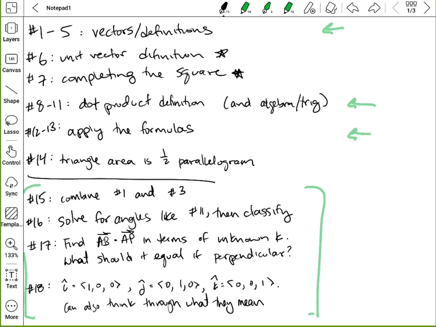And once you've gotten through those first 7, the 8 through 13 that come next should be pretty straightforward applying formulas. And since I have time, I'm going to go ahead and talk through some more of the problems between 14 and 18 a little bit.